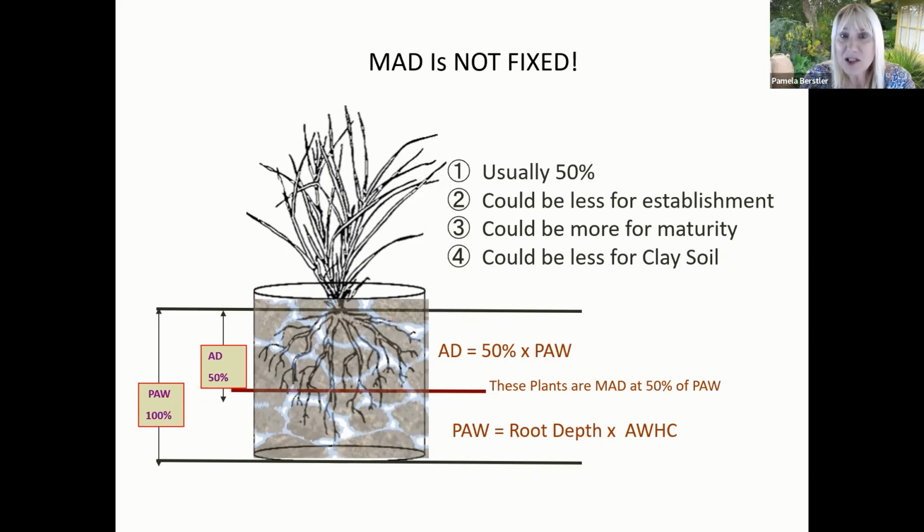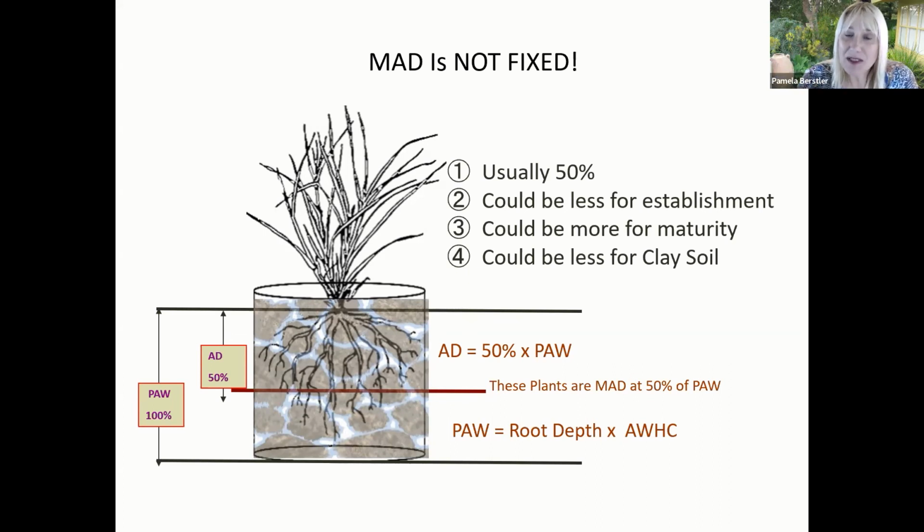If you have clay soils, it's a little bit of a different twist. You might not have thought about this before, but in a clay soil, remember, it's very difficult to put water into a clay soil. So even though the clay soil holds on to more water, it's also difficult for the plant to extract water from clay soil.